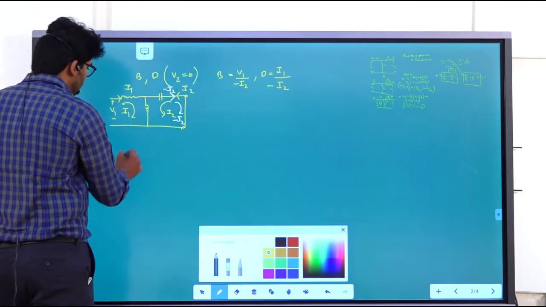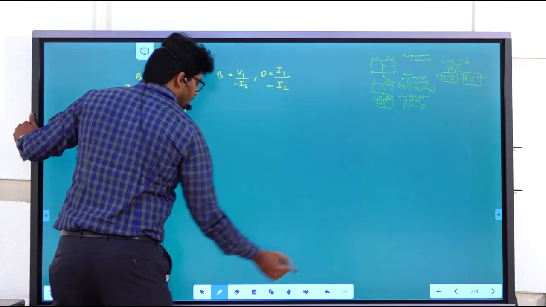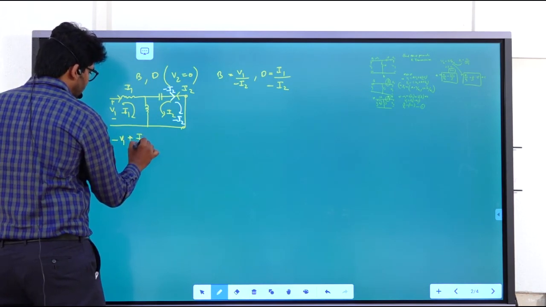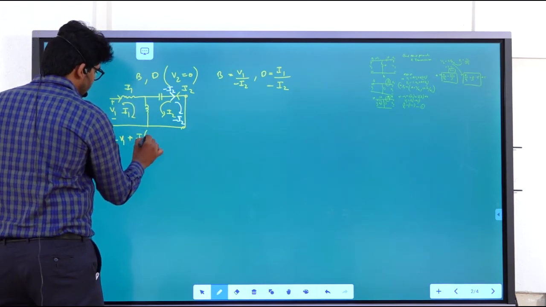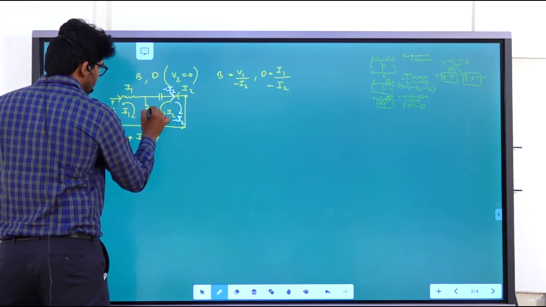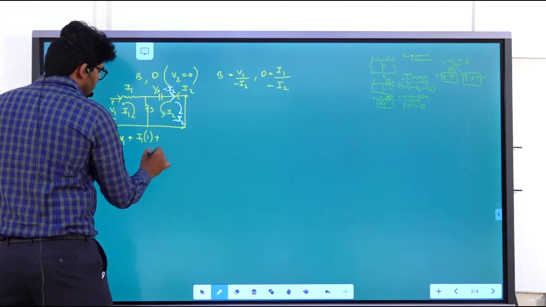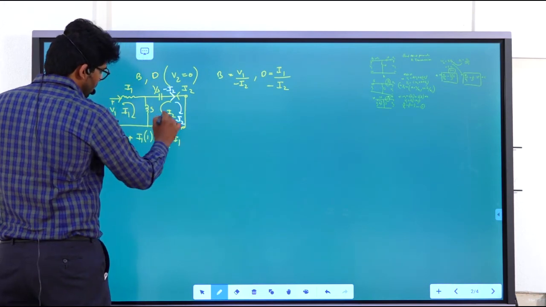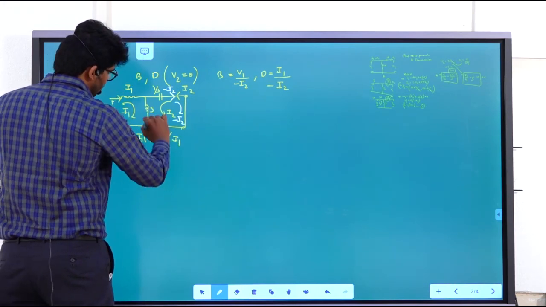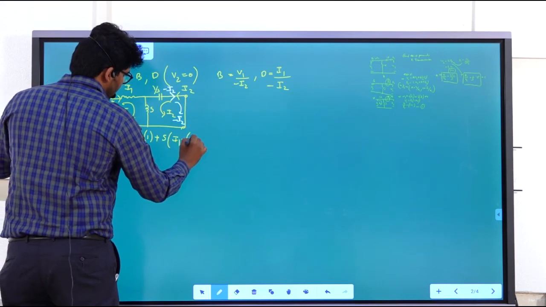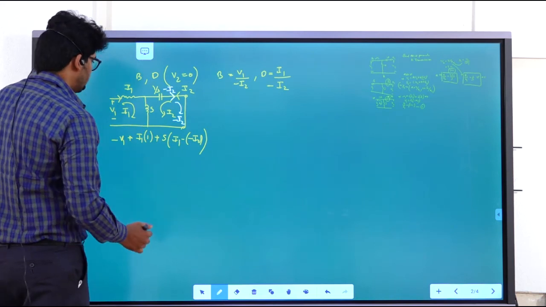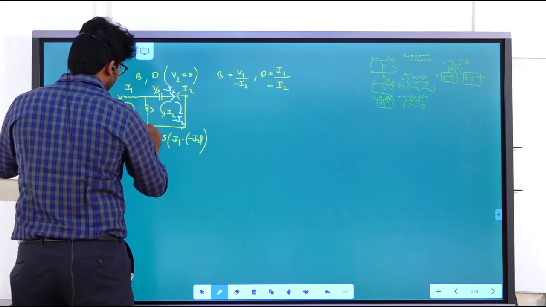So in loop equation 1: minus V1 plus I1 into 1, plus S into I1 (this is S, this is 1 by S), and then minus of minus I2, since I am assuming the current in this direction.